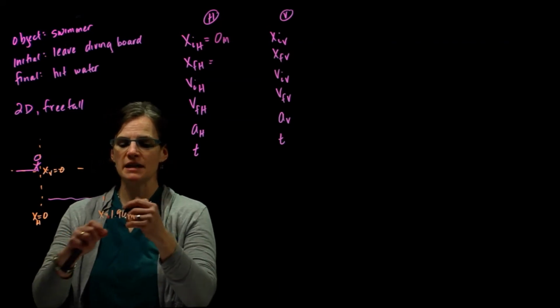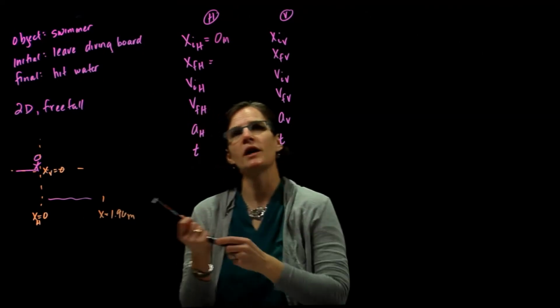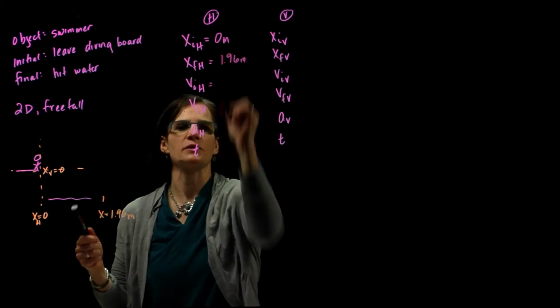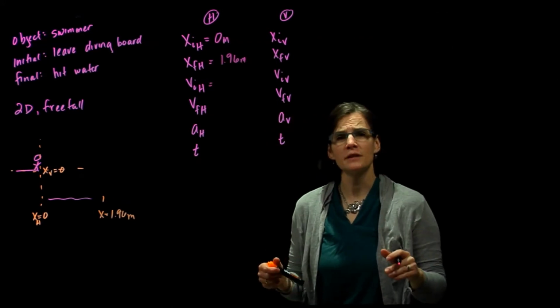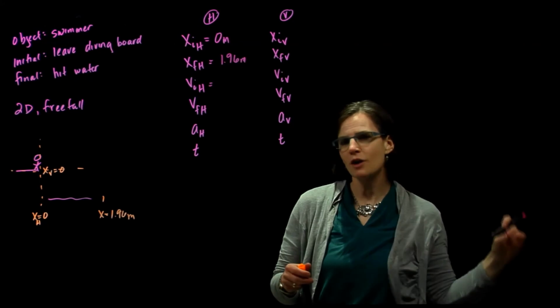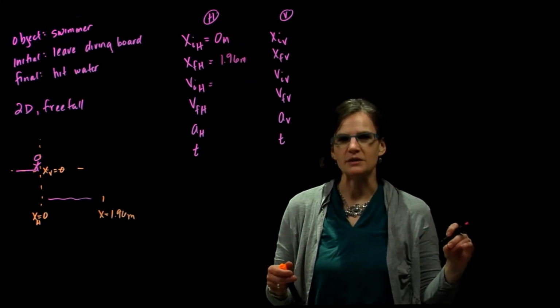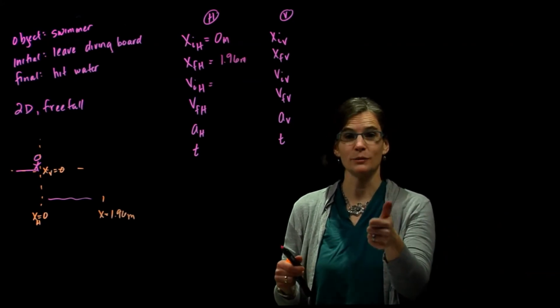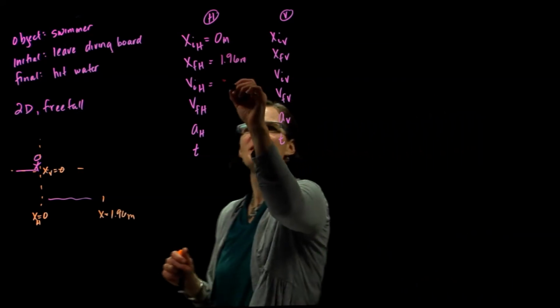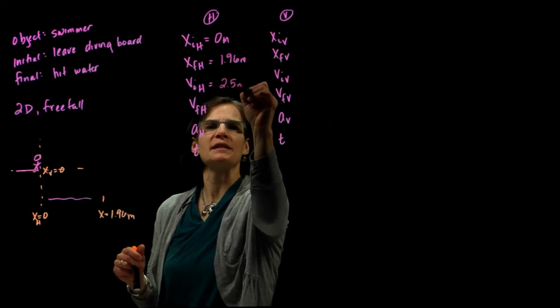So our ending position when he hits the water must be at 1.9 meters. Initial velocity in the horizontal direction. We're told that the swimmer runs off purely horizontally. So he has horizontal motion when he leaves that diving board. And we're told it is 2.5 meters per second.